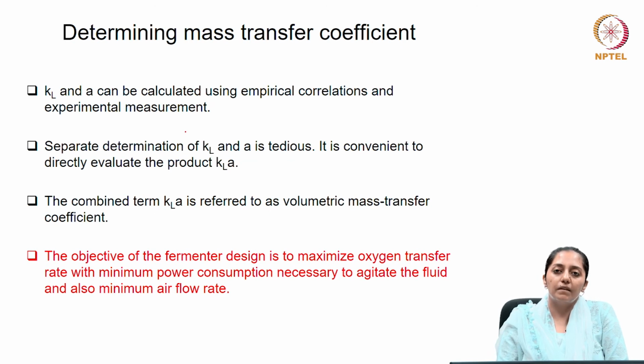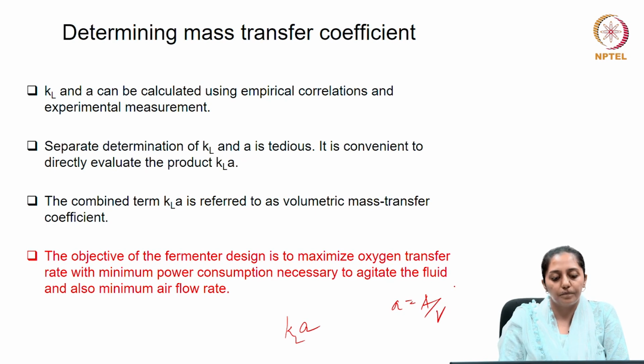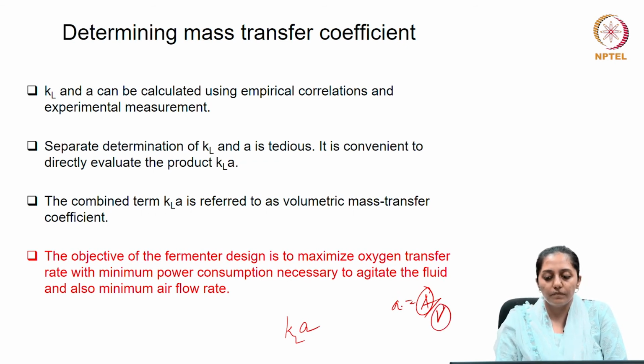Now, how do we determine the value of volumetric mass transfer coefficient? Volumetric mass transfer coefficient is a combination of two terms, the mass transfer coefficient KL and the small a factor, which is nothing but A by capital V, where A is the area for mass transfer and V is the volume. Now, KL and a can be calculated using empirical correlations and also via experimental measurements.